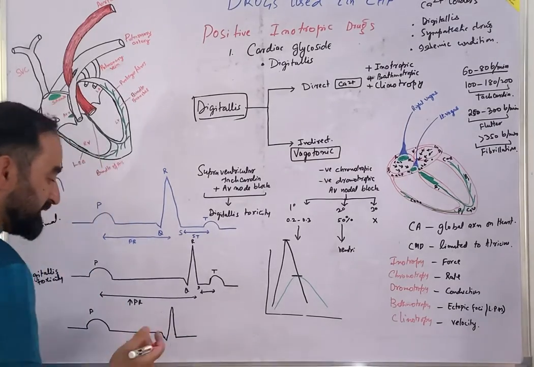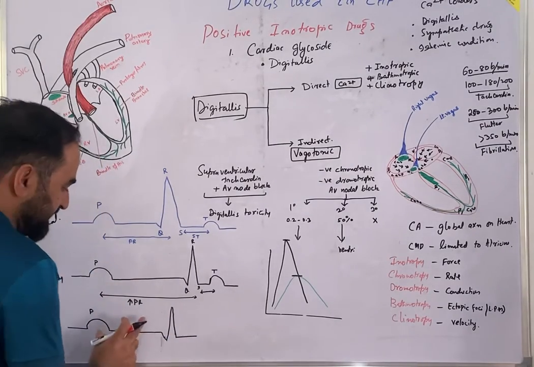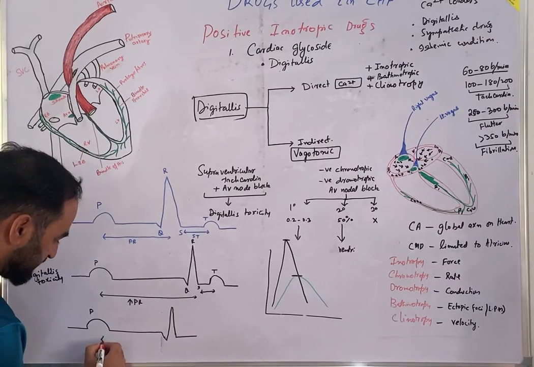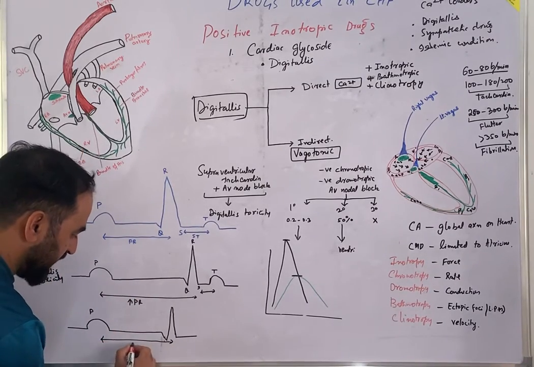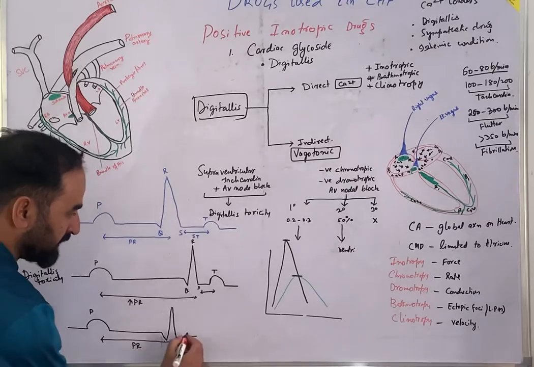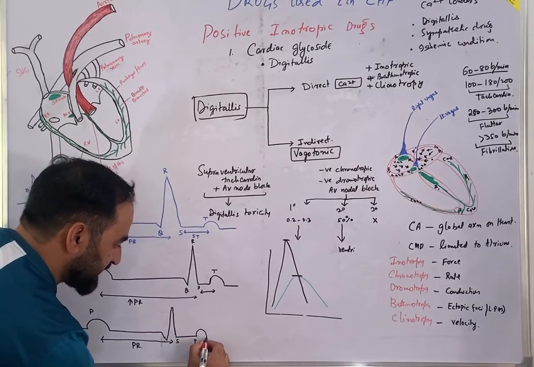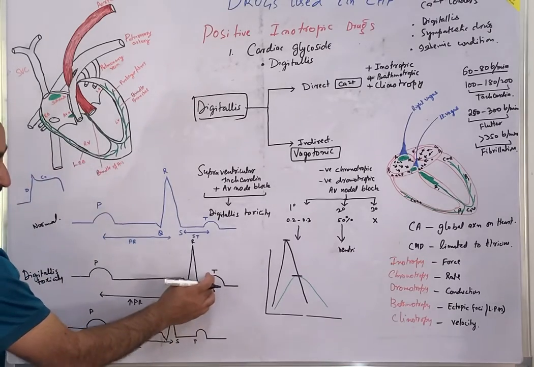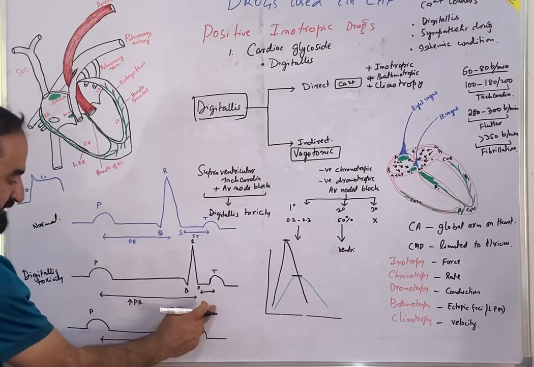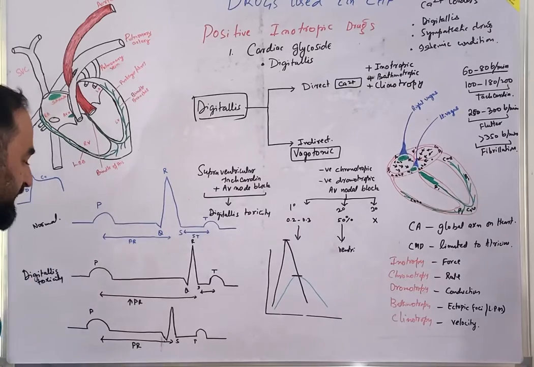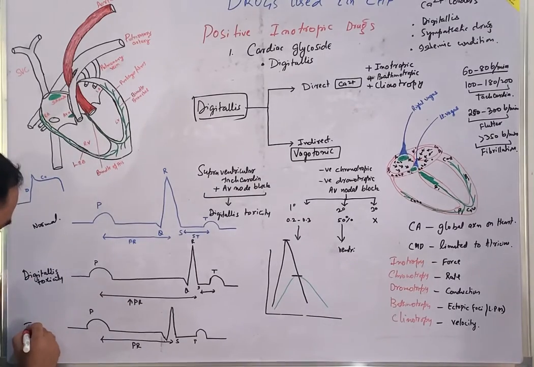But then where is the difference? The PR interval is normal, and the ST interval is quick, just like digitalis toxicity.